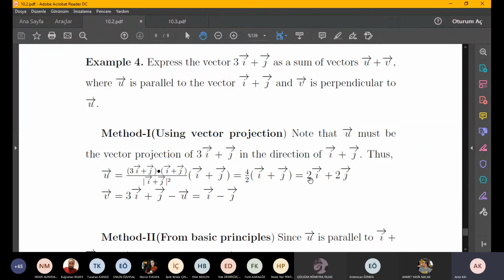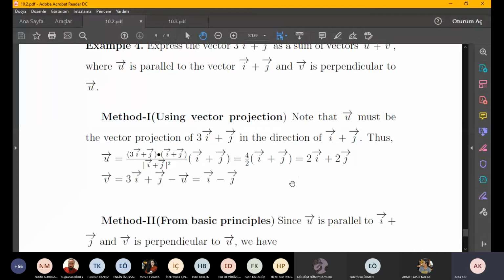If you do that computation, it will give 3 minus 2 i, which is 1i, plus 1 minus 2 j, which gives minus 1j. So this has to be the vector v. This is just using the vector projection.